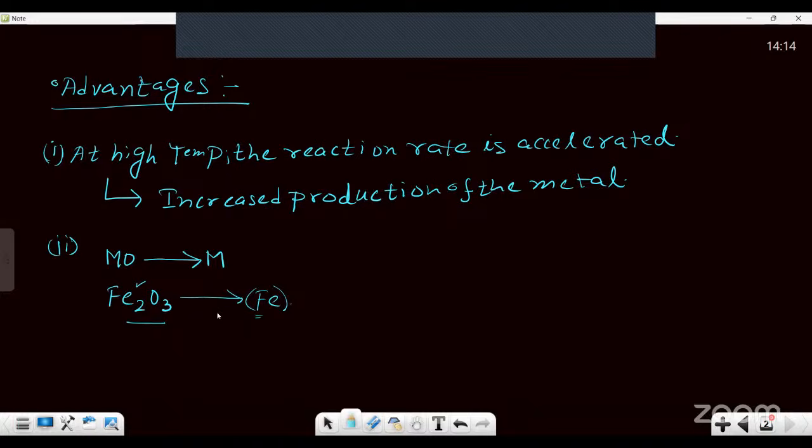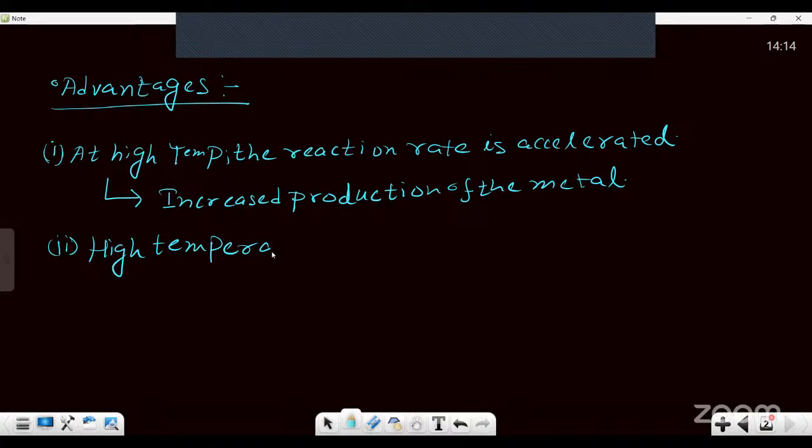So definitely we are adding fuel in it. That means high temperature is required for the process. So the same thing we will see here: the high temperature process permits us to use inexpensive reducing agents.